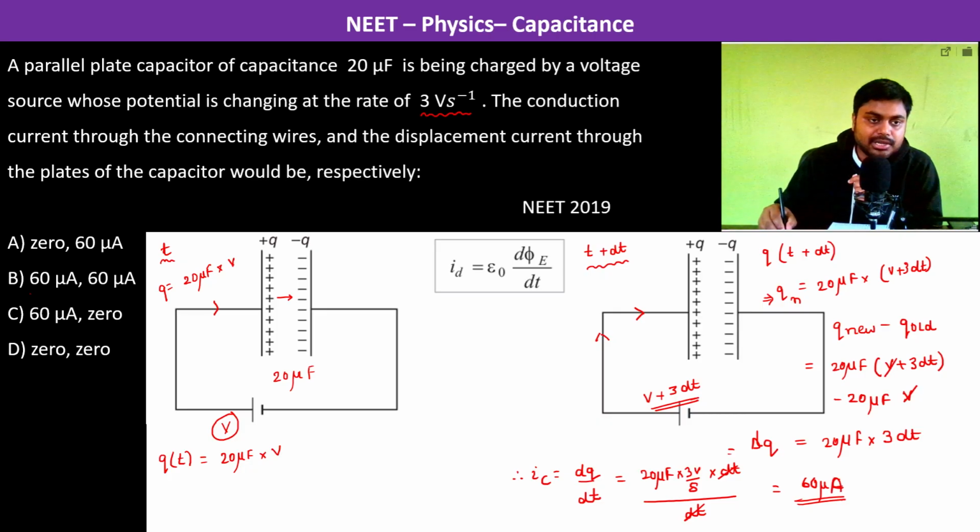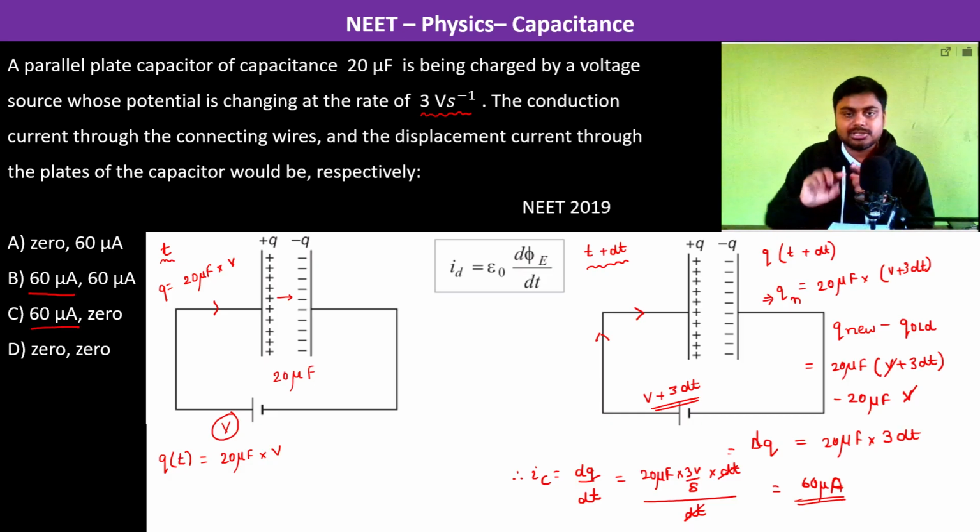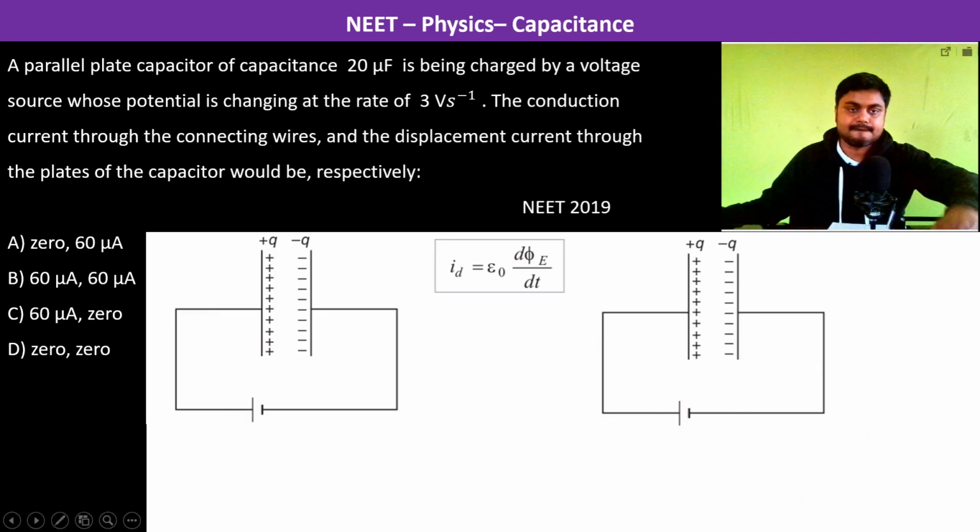So it should be either B or C. Now a short trick: the conduction current is equal to the displacement current, so the displacement current will also be 60 microampere only. However, we will solve this again and prove how it is 60 microampere.